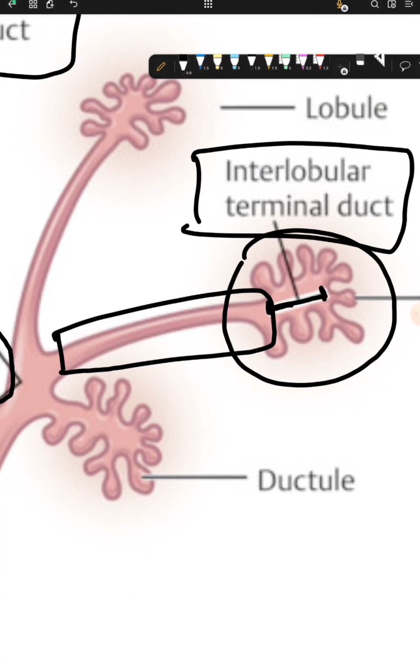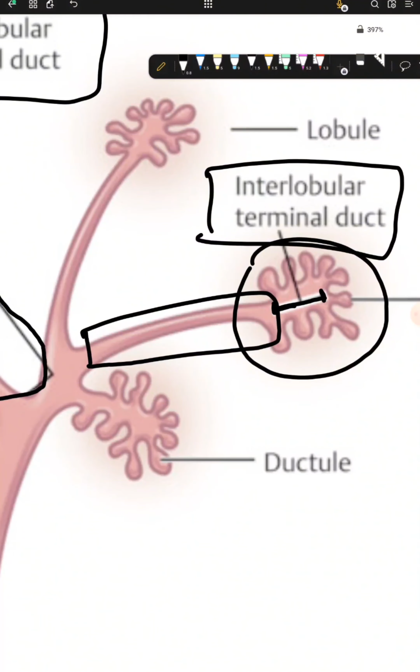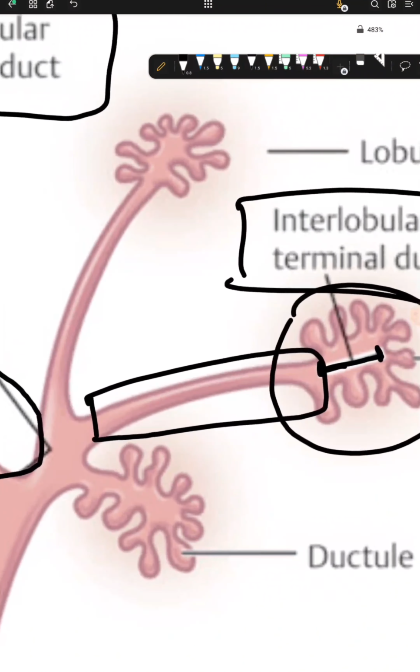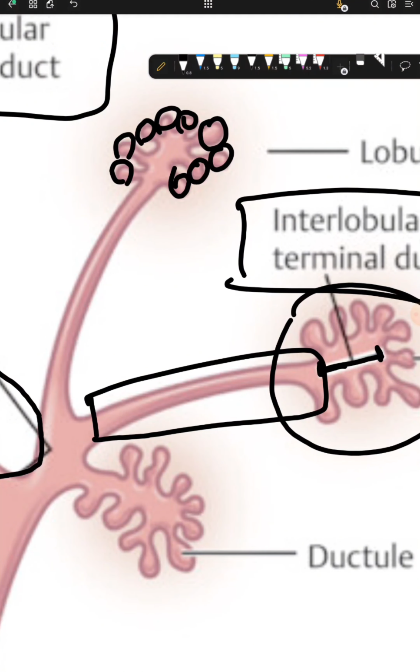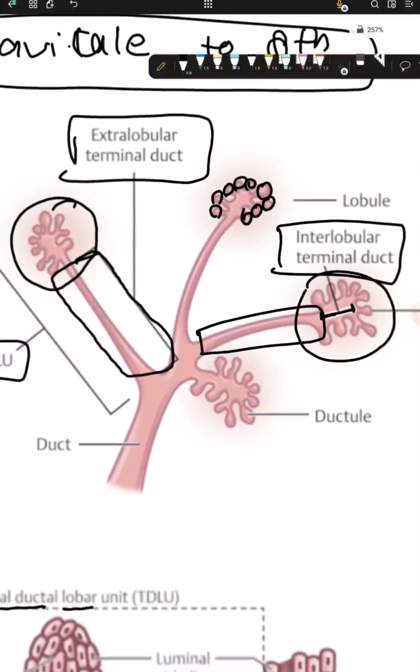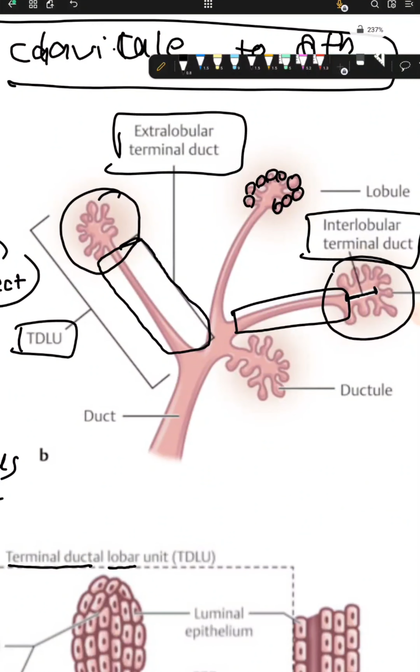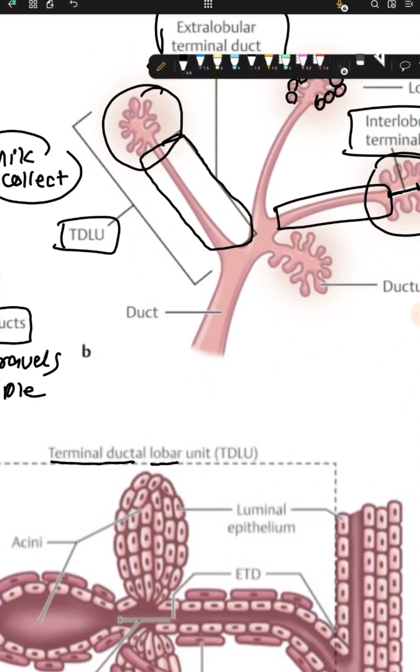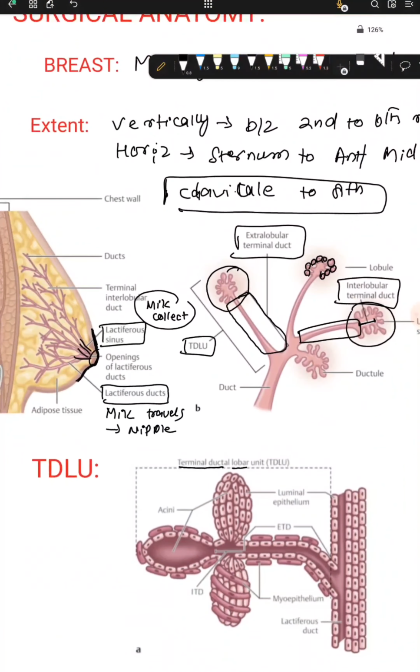So this lobule has a bunch of acini. Watch this. So these are the bunch of acini, and this bunch of acini makes the lobule. In the next 2 or 3 modules we will also discuss the fibrocystic disease, in which the acini increase in size.